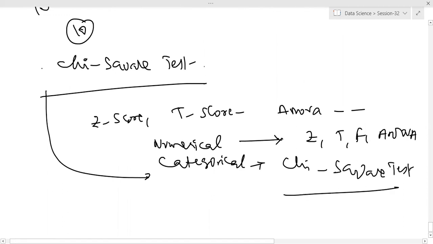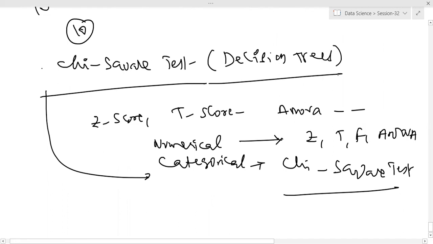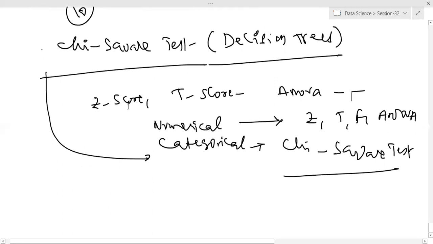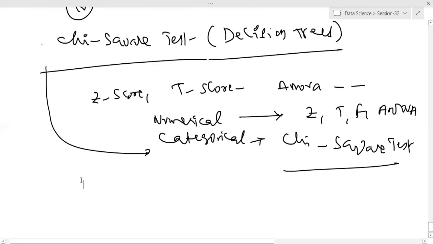And one more important thing, friends: chi-square is directly used in decision trees. Your decision trees depend on this chi-square, and of course some other measures are also there. But one of our decision tree models depends on the chi-square test.